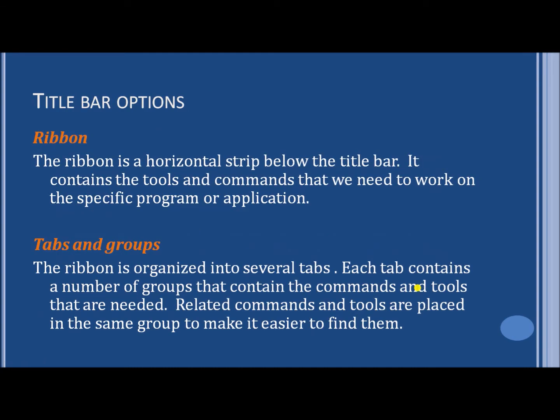Now there are some other things regarding the title bar: options, ribbons, tabs and groups. The ribbon is a horizontal strip below the title bar. Just below the title bar, there is a portion known as the ribbon, and it contains the tools and commands that we need to work in a specific program or application.